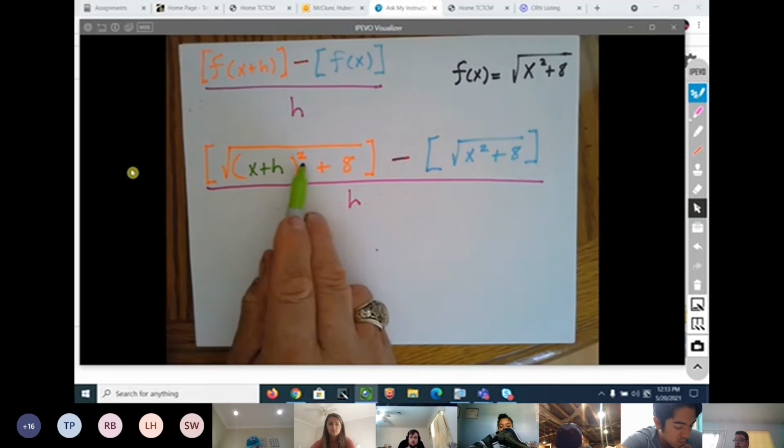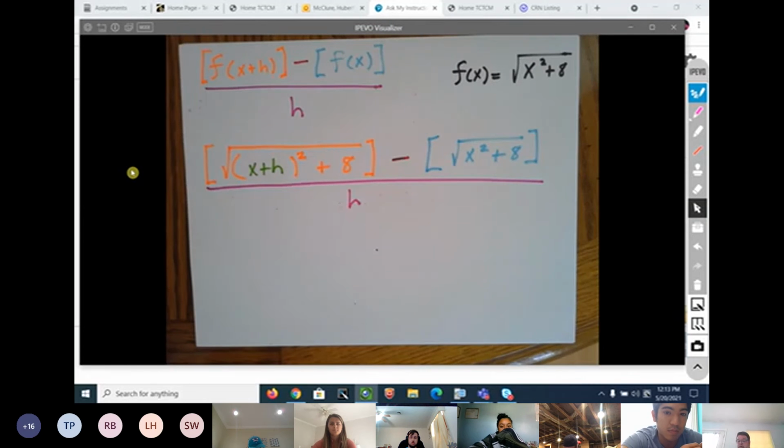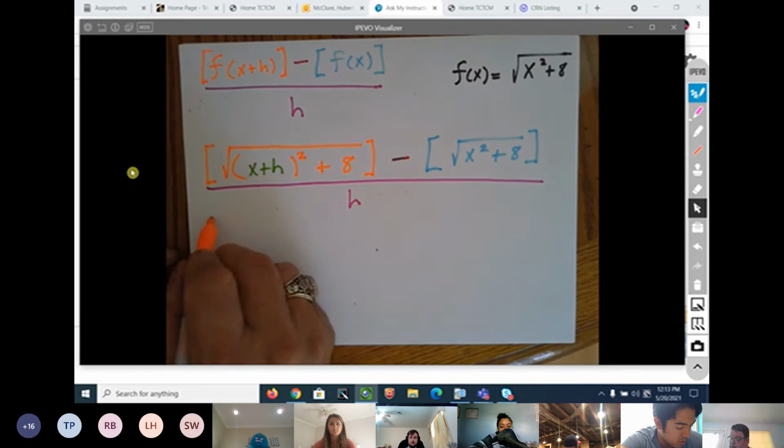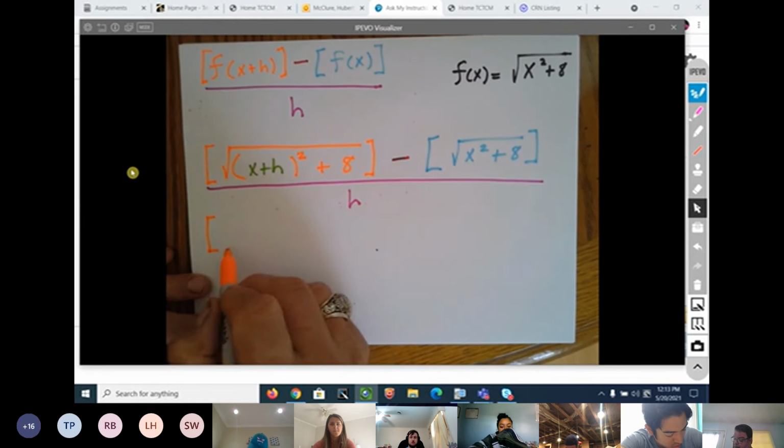So we've got shortcut number what? Shortcut number 1. So we'll go ahead and do that. It ain't going to be much help, but we'll do what we can.